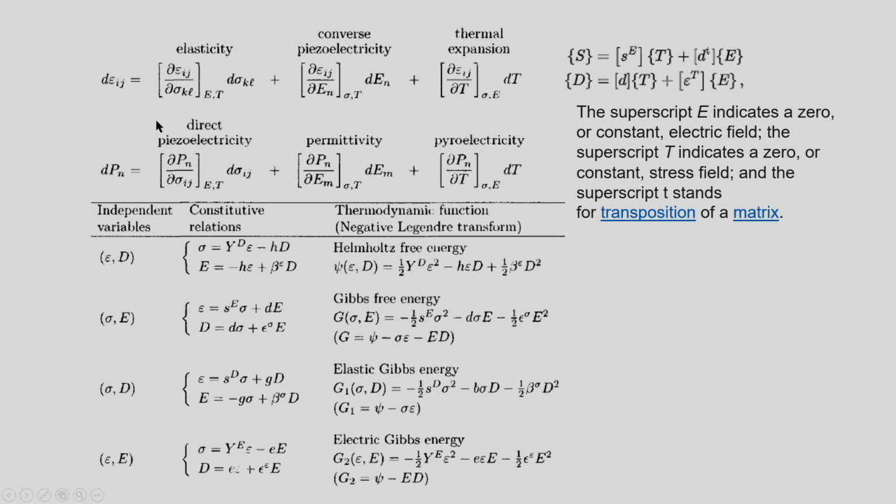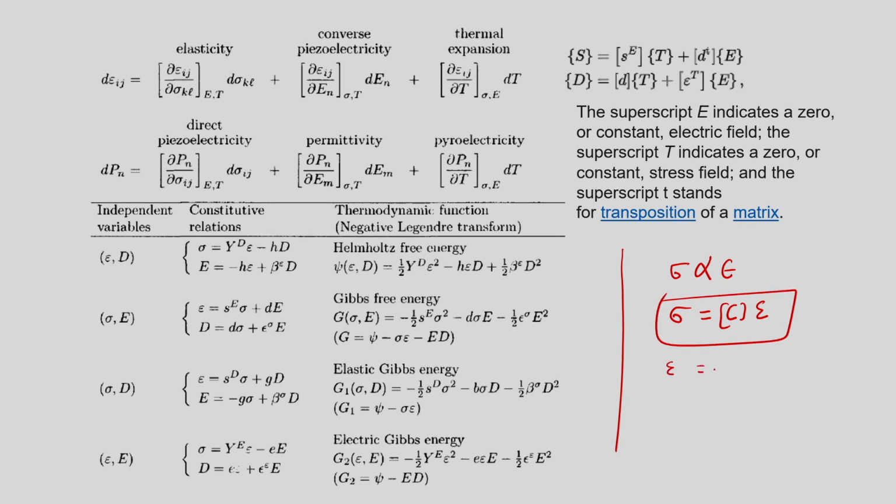Then again, in a general sense, I would like to tell you that these variables can be written in different ways. For example, if you talk about an elastic material, we say stress is directly proportional to strain. In a generalized Hooke's law, it will be C times epsilon, and the converse, epsilon equals S times sigma.